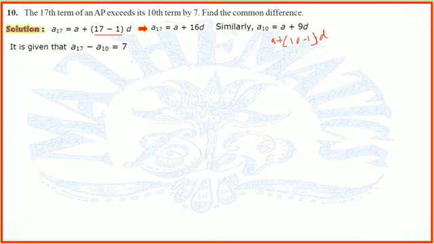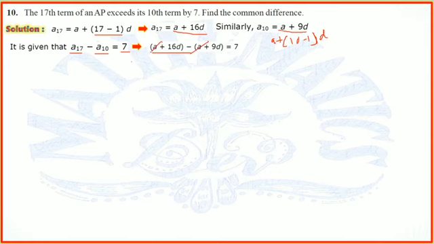Now, it is given in the question that the 17th term exceeds the 10th term, that means the difference between them is 7. The 17th term minus the 10th term is equal to 7. Let us put the values. The 17th term is a plus 16d, and the 10th term is a plus 9d.